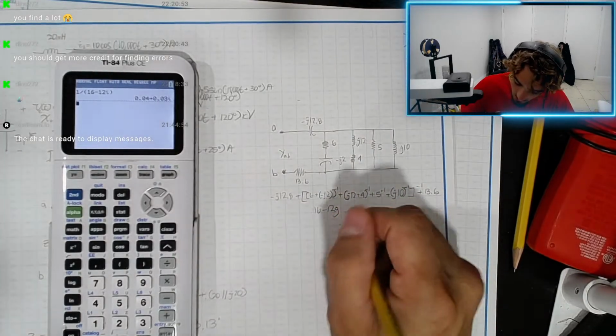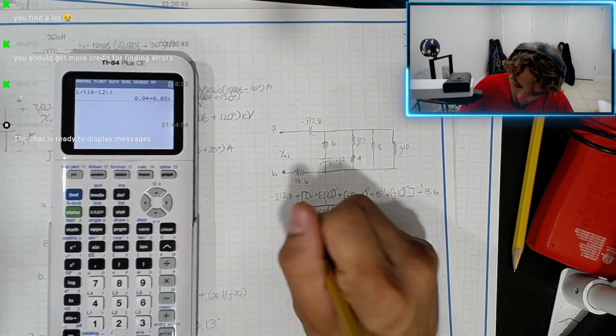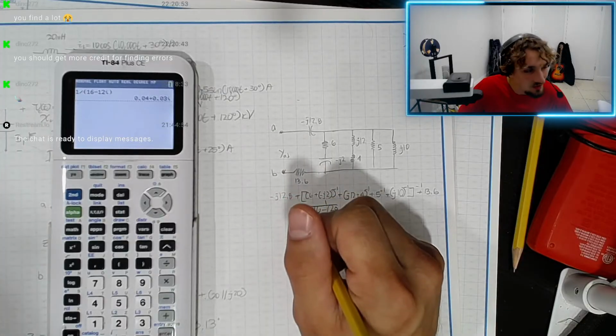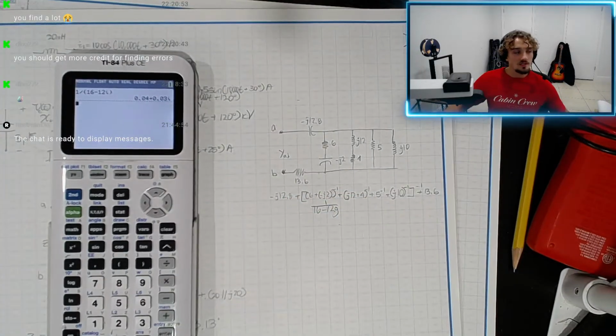Okay, I got it. So, taking the inverse of this because we want the admittance, which, what's the symbol for admittance?